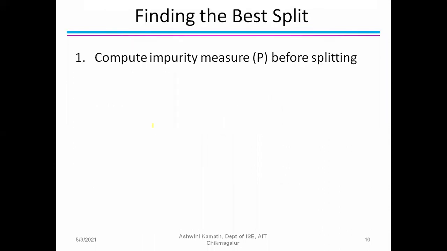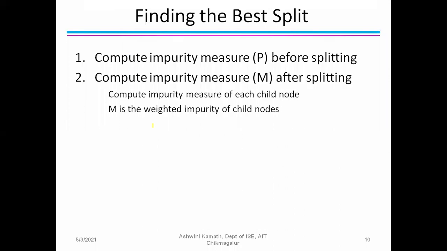Okay, so finding the best split. Compute the impurity measure P before splitting. We'll discuss this with an example. Compute the impurity measure M after splitting. Impurity measure P is before splitting, and impurity measure M is after splitting.